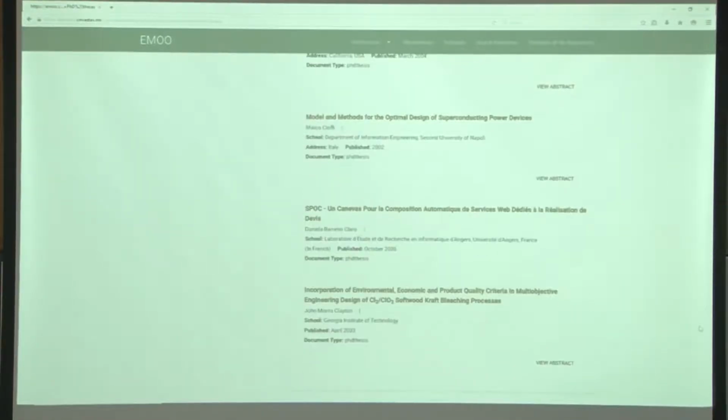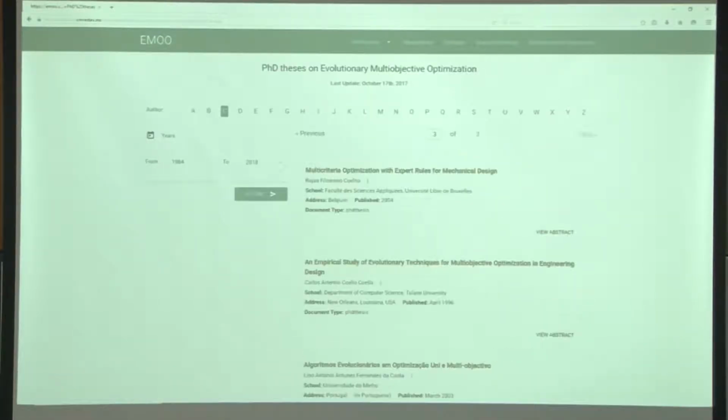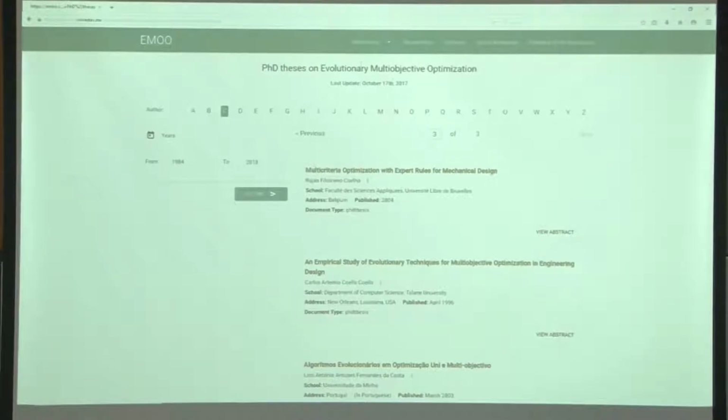Yeah, there are quite a few. I must be on the 3rd page. Yeah, that's me, not the guy above. I know that guy. That's Coelho with H. So you can find a lot of information in the repository, and the search engine, I think, is very useful.